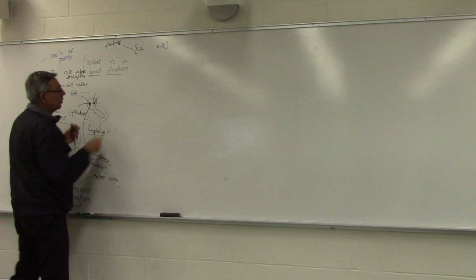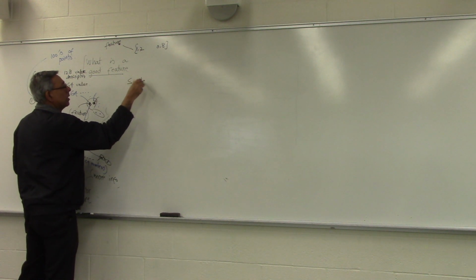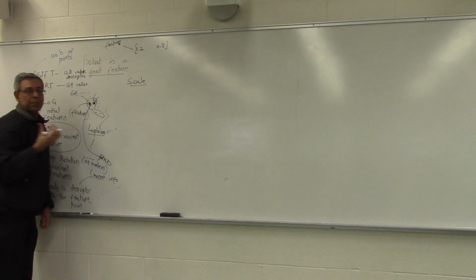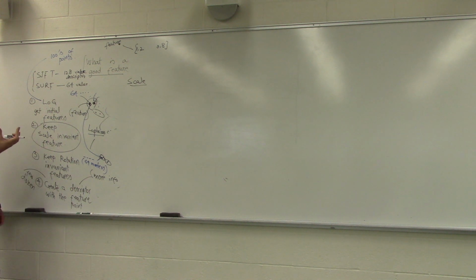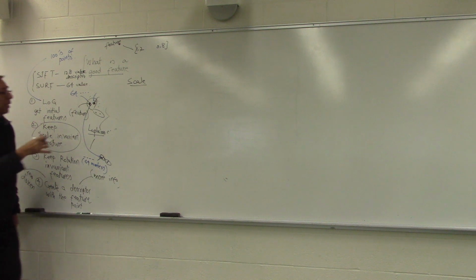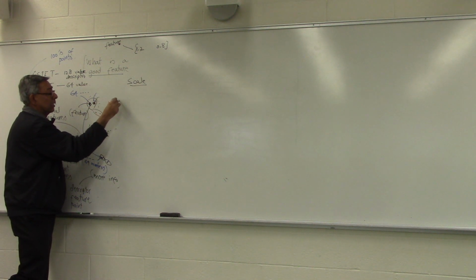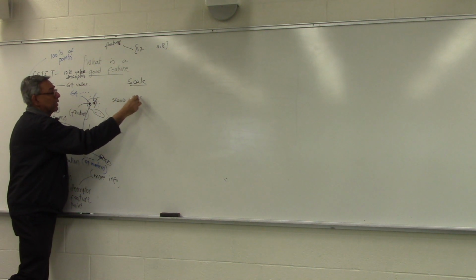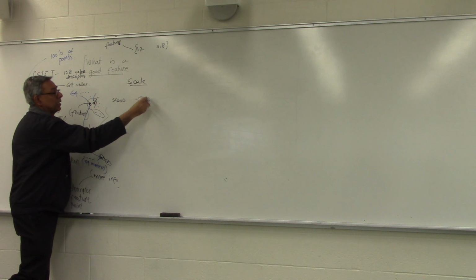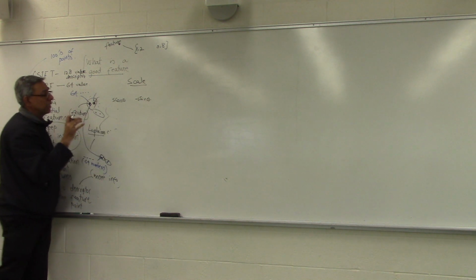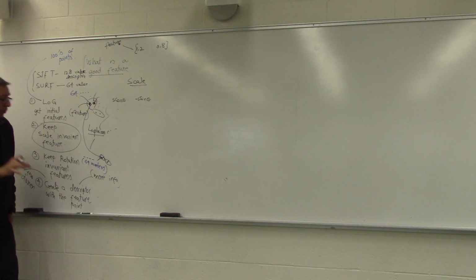Okay, so scaling, as you guys have already seen once we did the transformation matrix, right? We talked about the scale being S cosine theta, minus S sine theta and so on, right? So S was our scale, meaning how far to zoom in or zoom out.